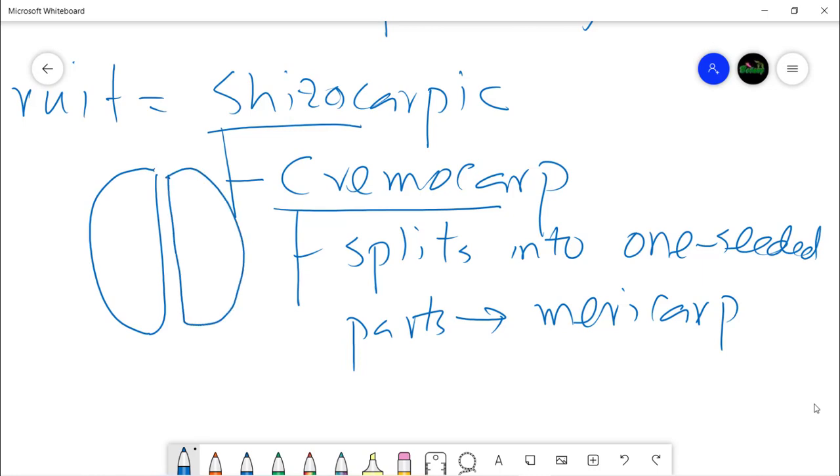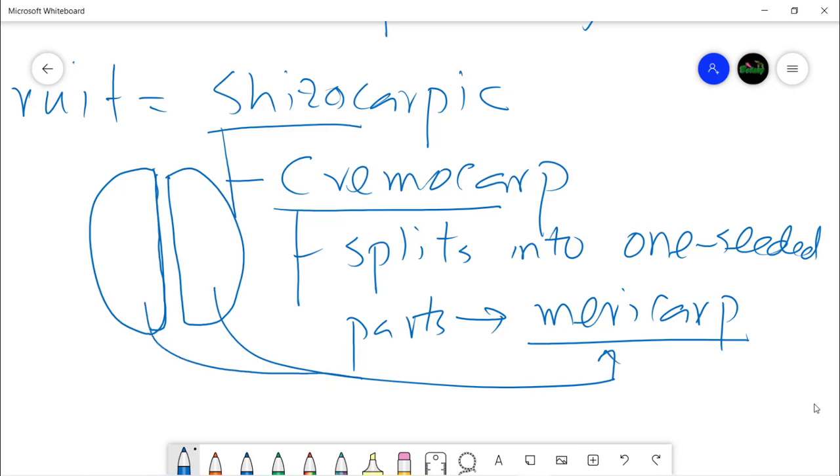For example, the common plants of this family, the condiments which we commonly use like coriander and fennel, usually split into one-seeded parts, and that one-seeded part is known as mericarp. So this is a mericarp, and this is also a mericarp. These are two mericarps, and the whole fruit is known as cremocarp.